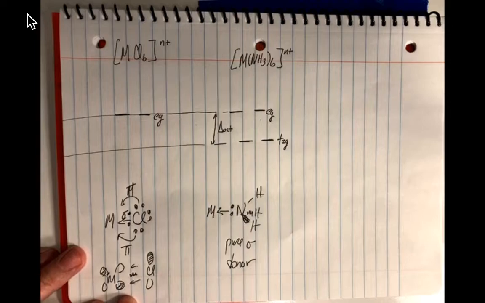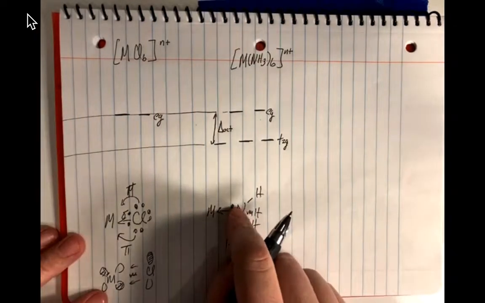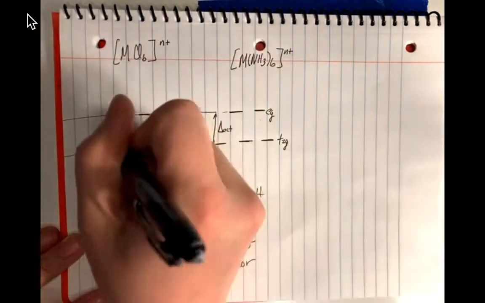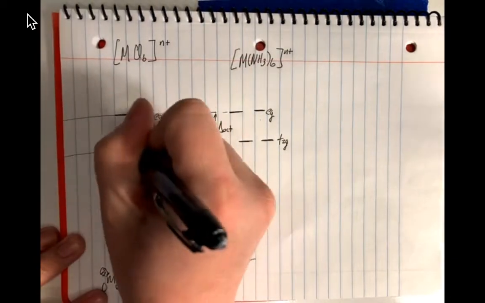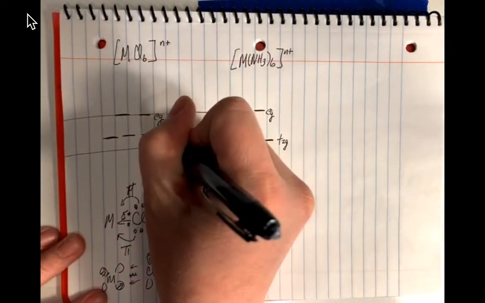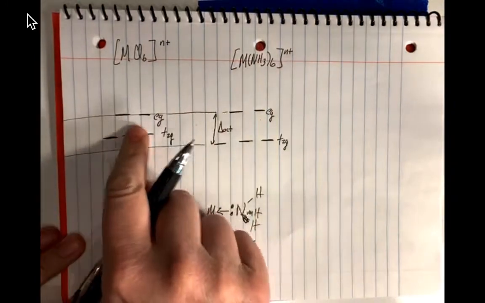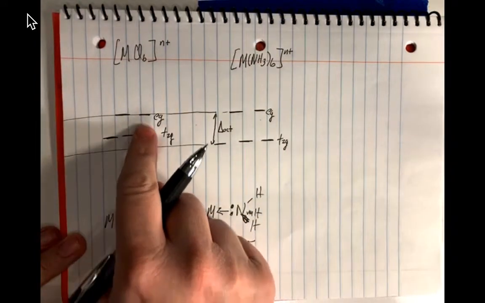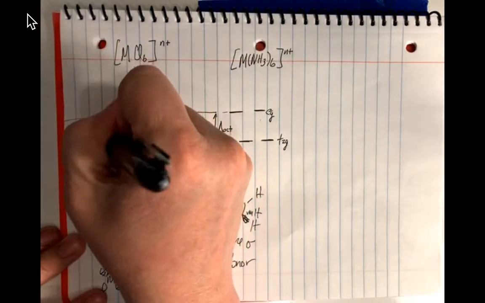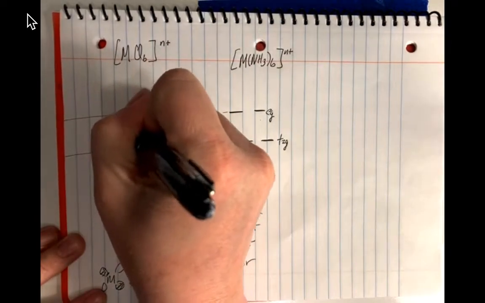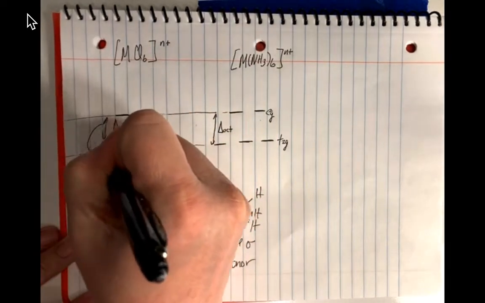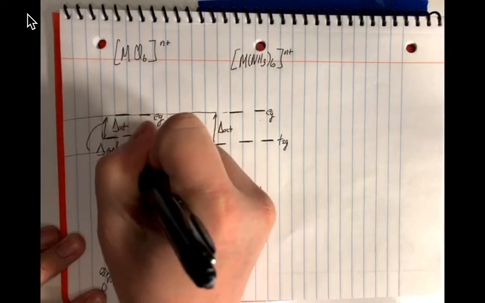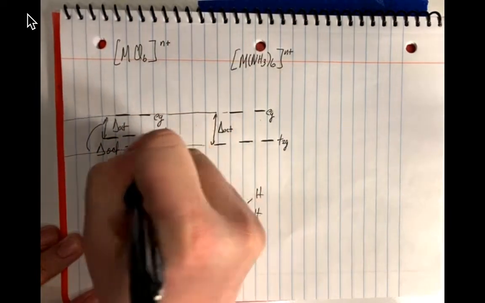And this drives the energy of these up. Okay, and so since EG stays the same, T2G goes up in energy. This leads to a delta octahedral that's small.